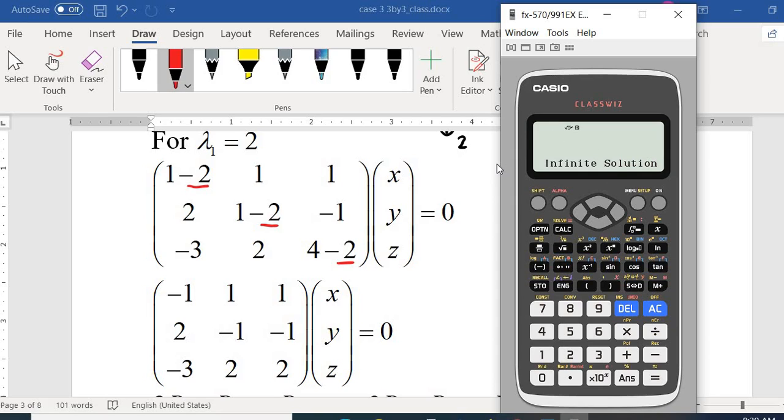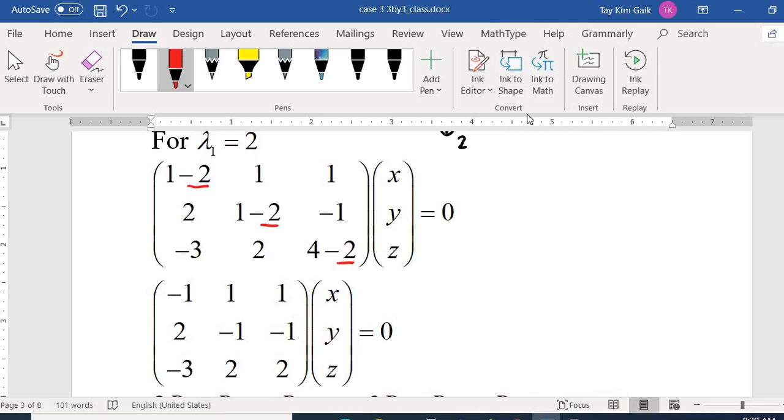This homogeneous system, which you might expect to have a unique solution, has infinite solutions. It means we have 3 unknowns with 3 equations, but actually you can reduce it to maybe 2 or 1 equation only. That's why you got infinitely many solutions.